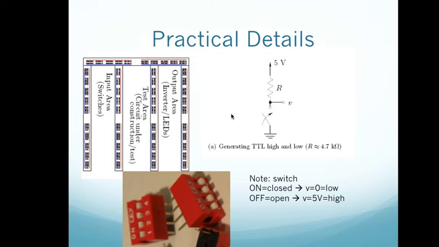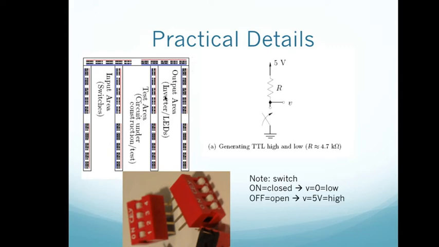So you would have 4 switches and 4 resistors, all independent. And on the switch side of the resistor is where you're going to peel the input off. So this lets you generate a 1 or a 0 using a switch. You don't have to be moving the wires around like you did last week. So in the switch area, you'll have 4 independent switches here.